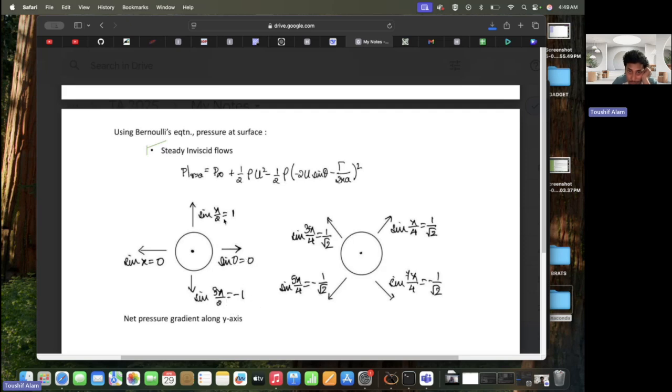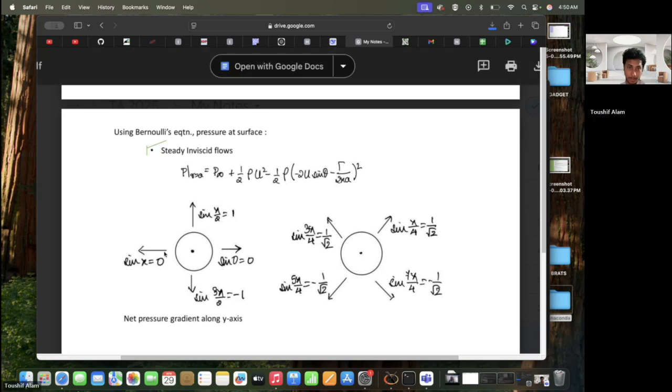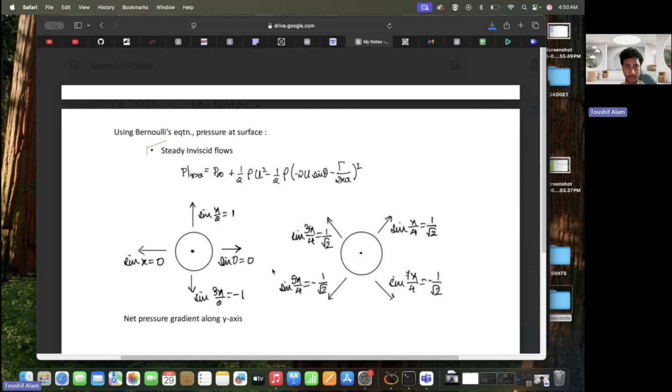You know all this, right? Sin pi by 2 is 1, sin 3 pi by 2 is minus 1. The sign. So there is a net pressure gradient along the y-axis. You can imagine with a straight inviscid flow from the angle, there will be a net pressure in that direction, right?